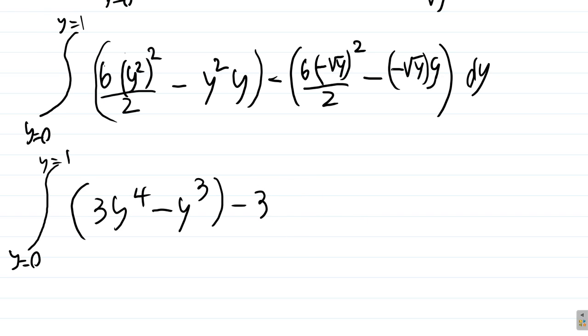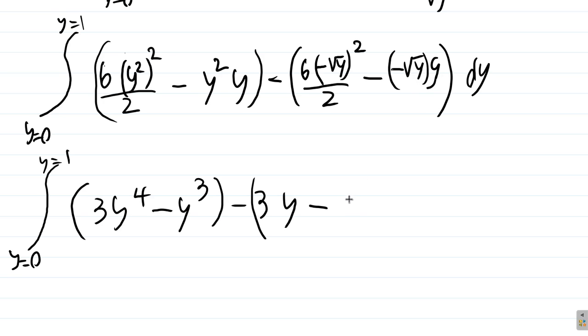So it's going to be 3 times the square root of y squared, which is just y. It's going to be 3 times y, because that is squared. Yeah, let me put it in brackets, minus square root of y times y.